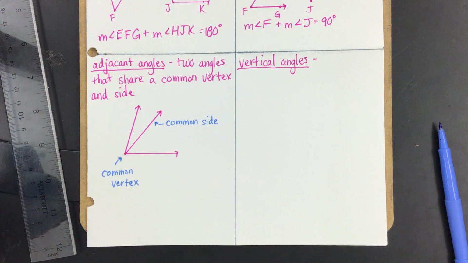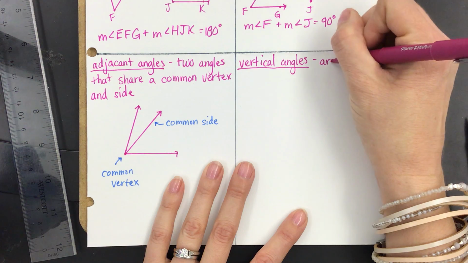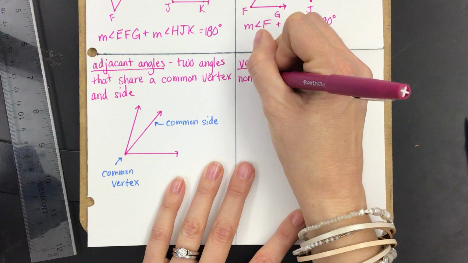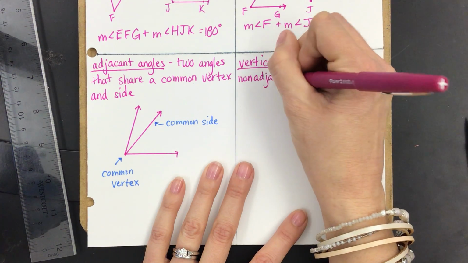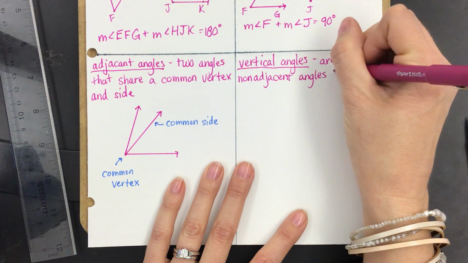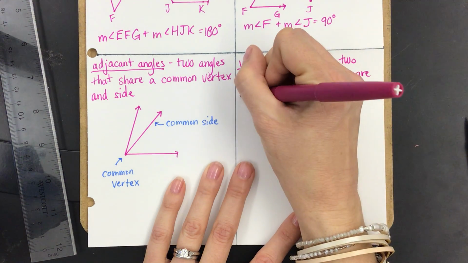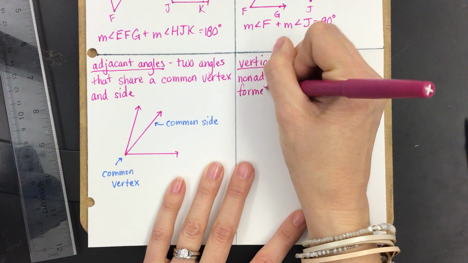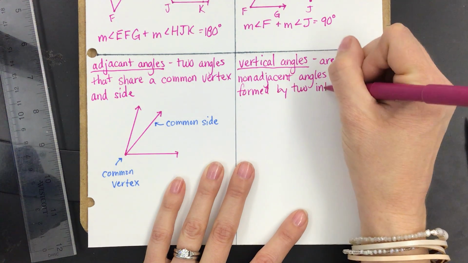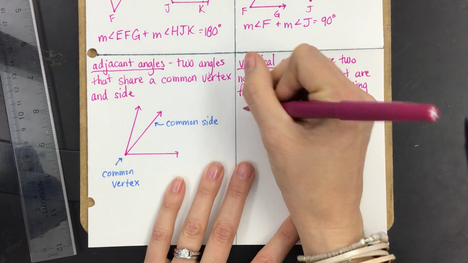Okay, vertical angles are angles formed, so they are 2 non-adjacent angles that are formed by 2 intersecting lines.